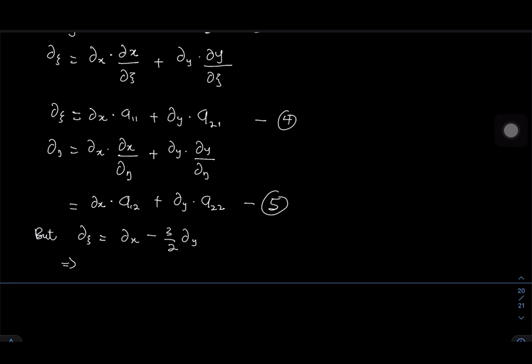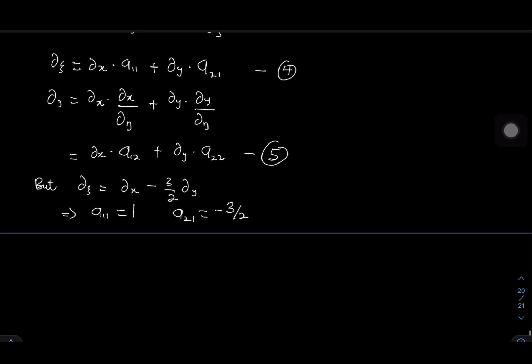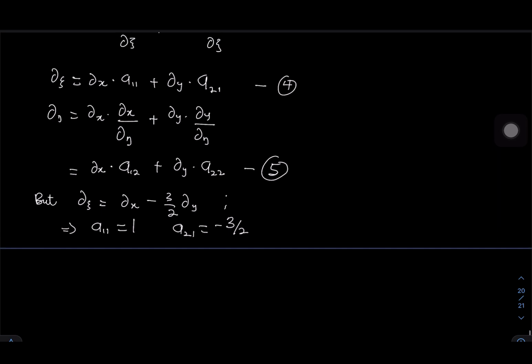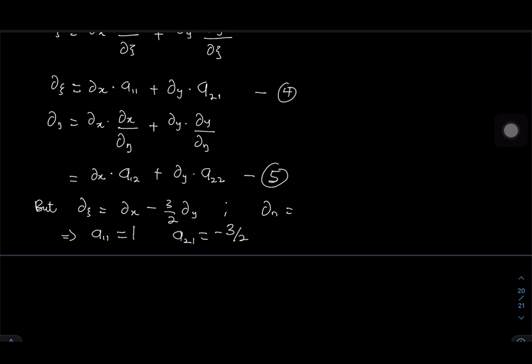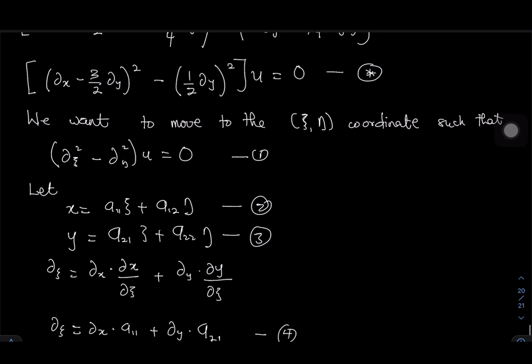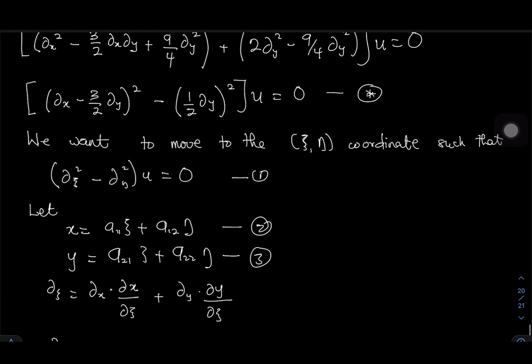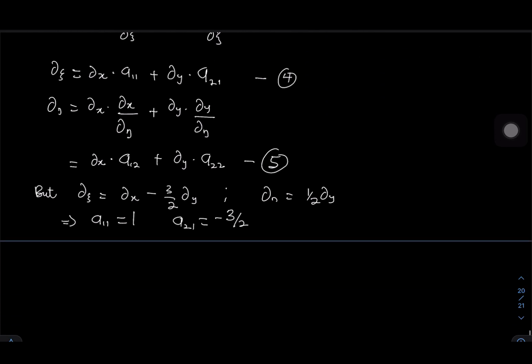So this implies that a11 is equal to 1 and a21 is equal to negative 3 over 2. Similarly, del eta is going to be just this term here, and that is going to be 1/2 del y.